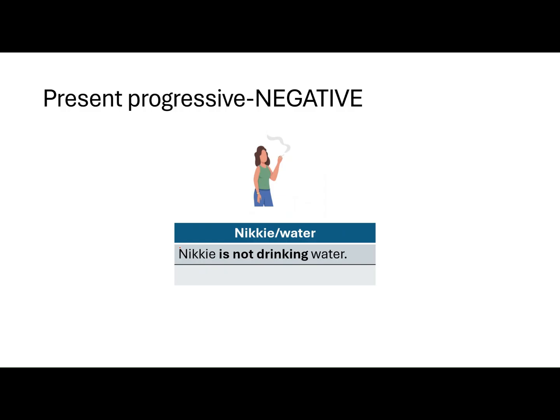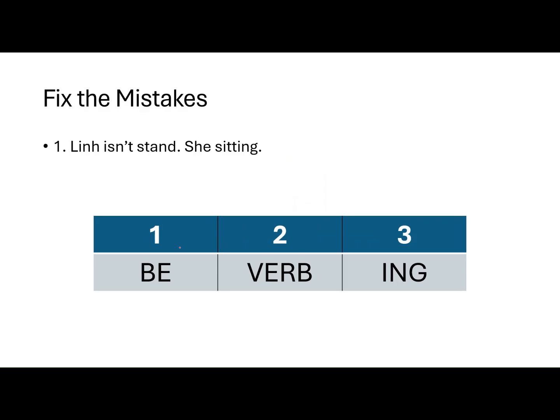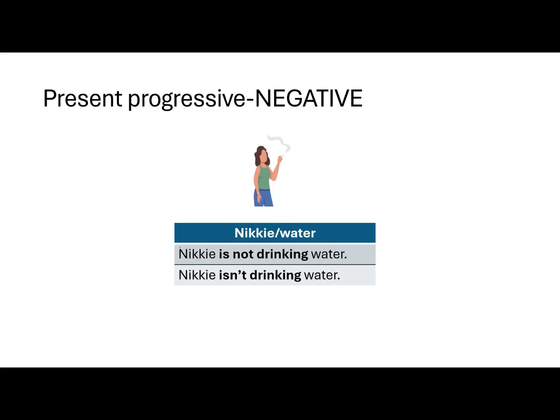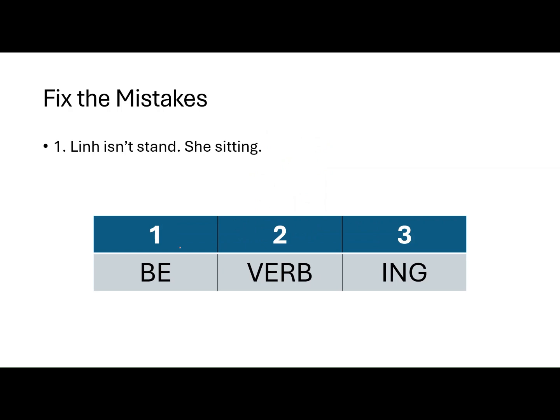Nikki is not drinking water is one way to make that negative, and Nikki isn't drinking water. So I can use the contraction or no contraction for that one.